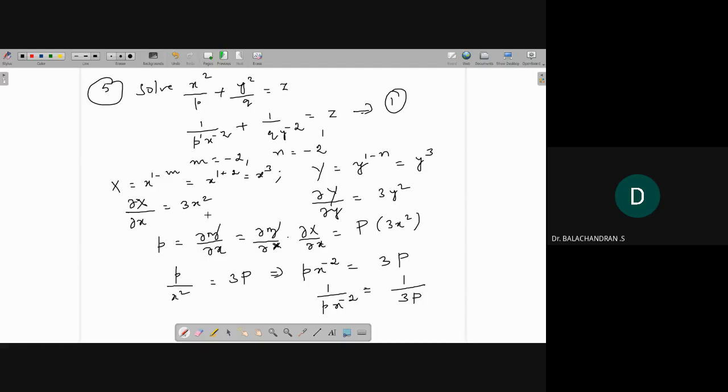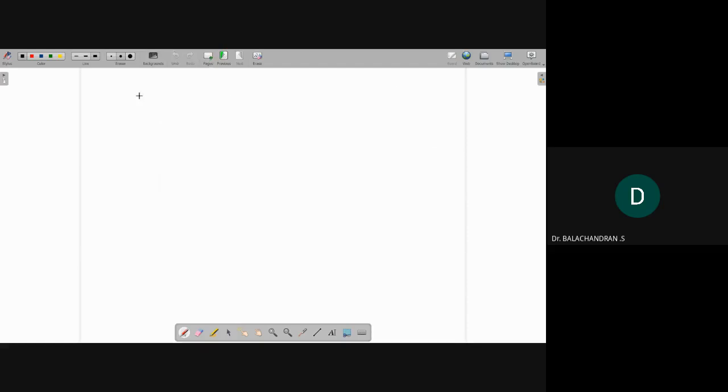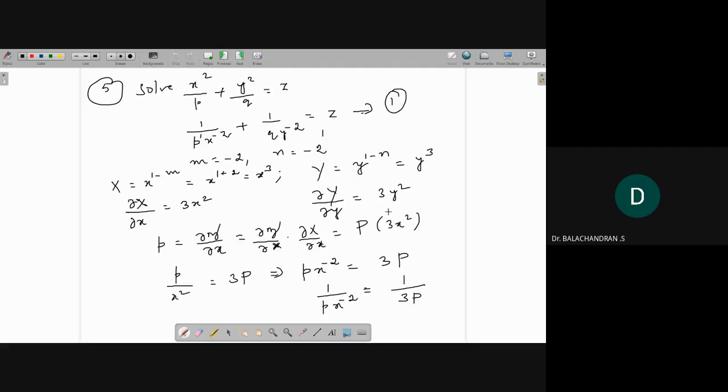Similarly for q. So q equal to dou small z by dou small y, which is equal to dou small z by dou capital Y into dou capital Y by dou small y. So this is capital Q, dou capital Y divided by dou small y, 3y square.